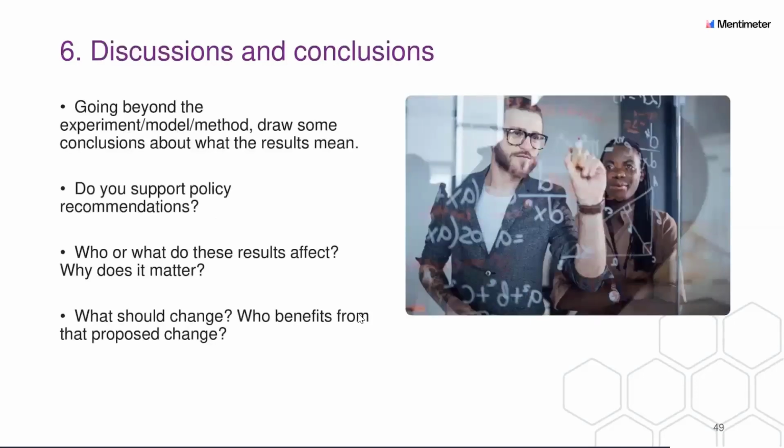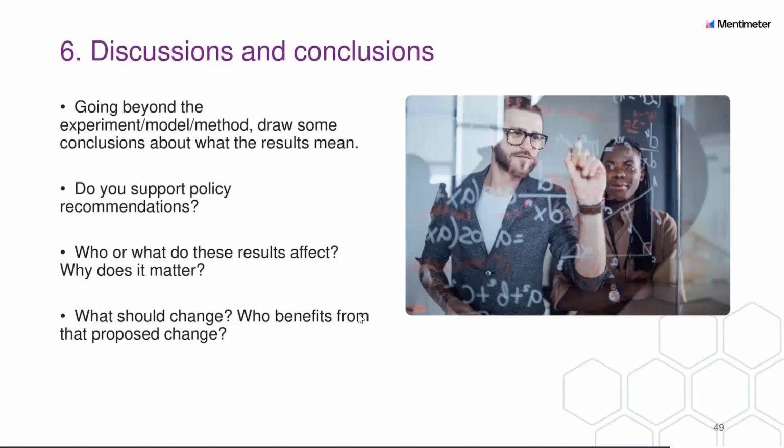And number 6 is the discussion and the conclusions. So you're going beyond the experiment, model, or method to draw some conclusions about what it means. So do your conclusions support a policy recommendation, or identify who these conclusions might matter most to? Should something change about how we're doing this, or do these conclusions support the current sort of way that things are working?